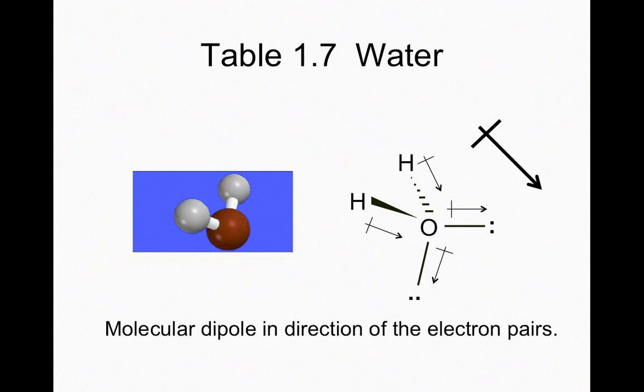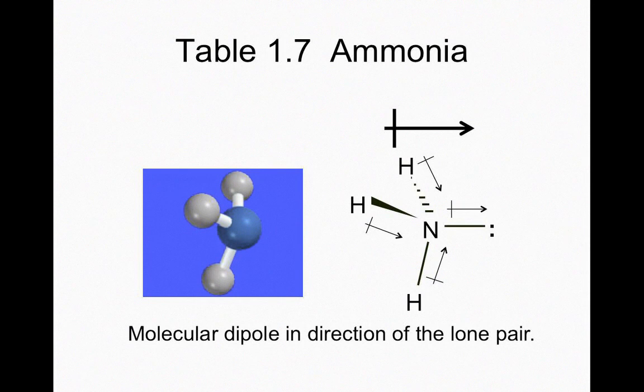The resultant sum of the dipoles produces a net dipole that faces in the direction of the 2 lone pairs, as indicated on this slide by the large black dipole arrow. Similarly, ammonia with 3 polar bonds and 1 lone pair contains a net dipole pointing toward the electron pair. As you review your textbook, be sure that you're able to identify the individual dipoles of each bond and determine whether the net dipole is greater than 0, and if so, the direction that the net dipole points.